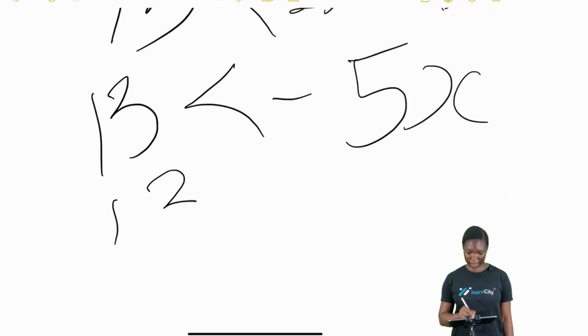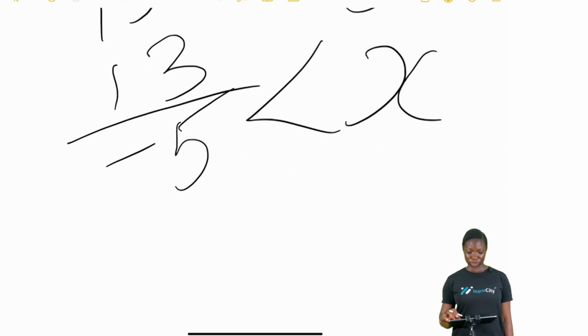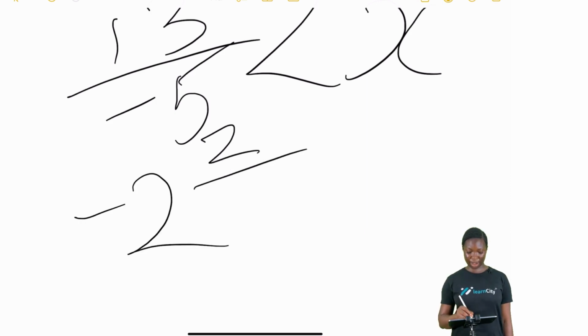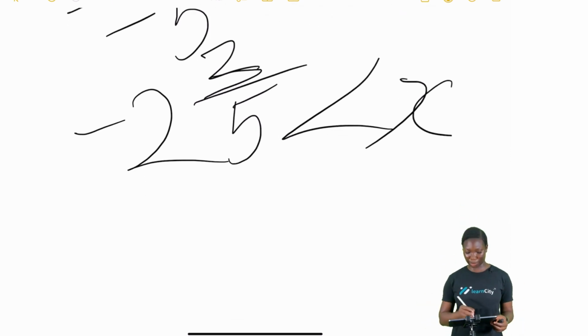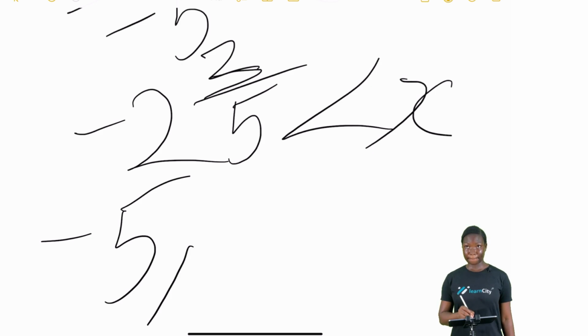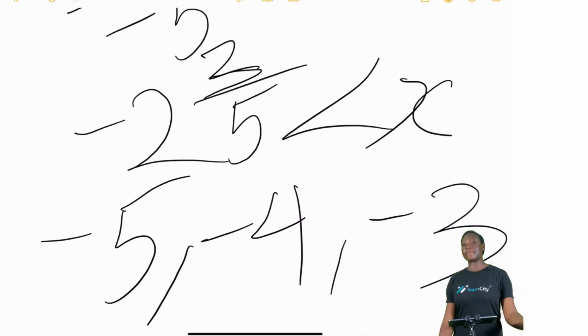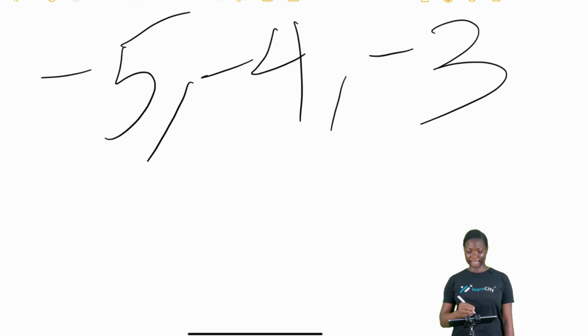So we have 13 over minus 5 less than x. So here we have it to be minus 2 whole number 3 over 5 less than x. So when it comes to the greatest values, we have it to be minus 5, minus 4, and minus 3. So the greatest values are always decreasing when we have minus 5, minus 4, and minus 3.